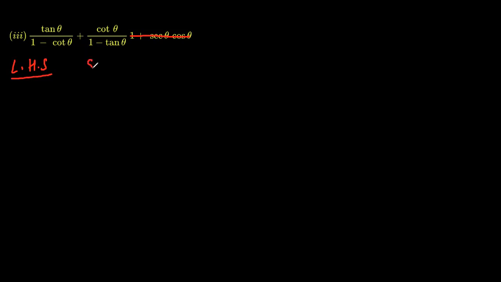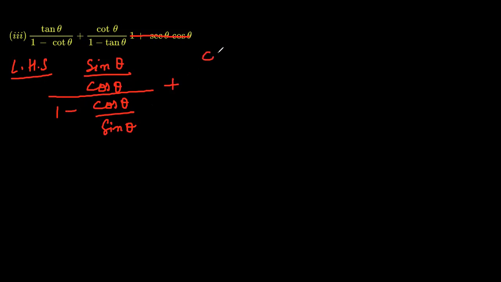Tan theta can be written as sine of theta divided by cos theta. And this divided by 1 minus cot theta, which can be written as cos of theta divided by sine of theta, and plus cos theta is cos theta by sine theta.